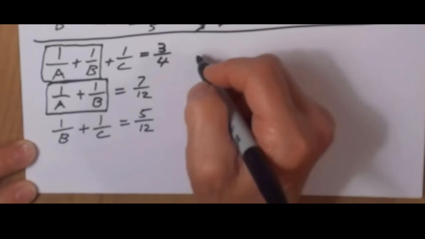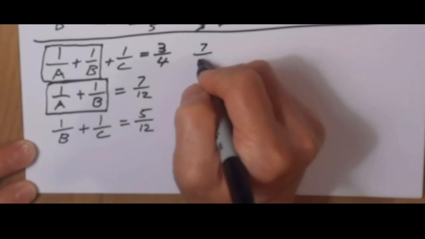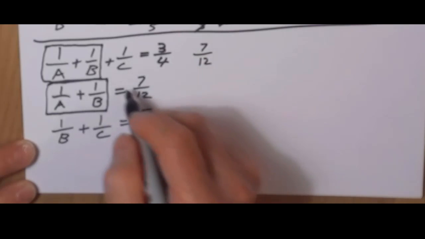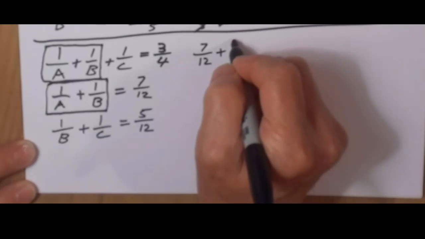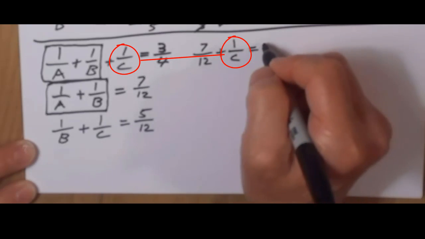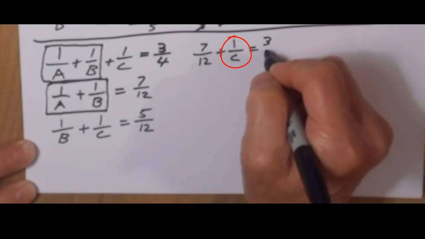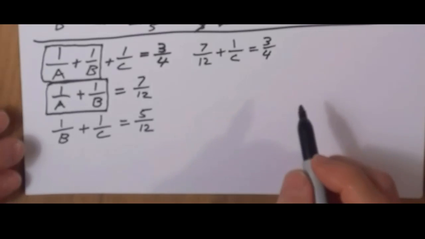So we can substitute 7/12 into there, plus 1 over C is equal to 3/4.